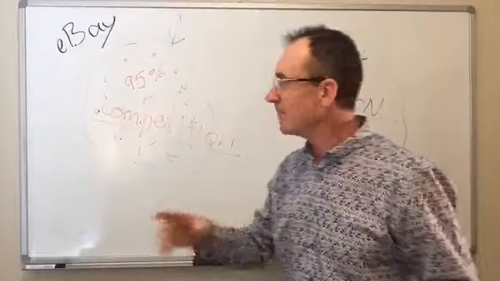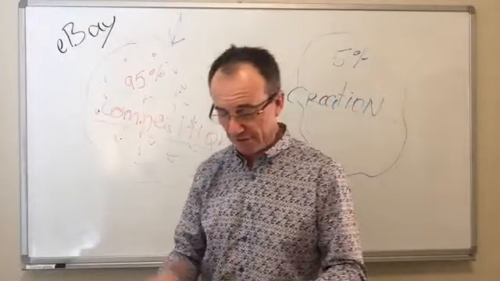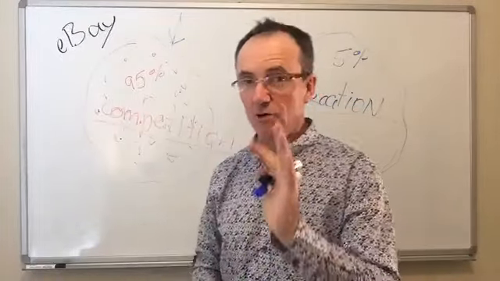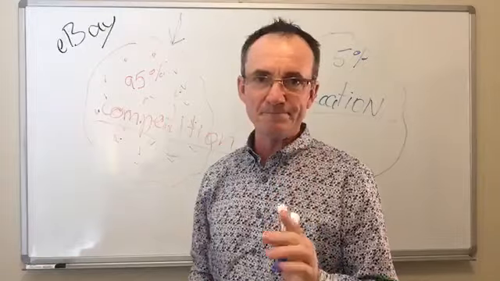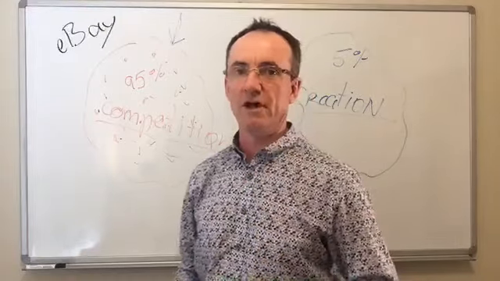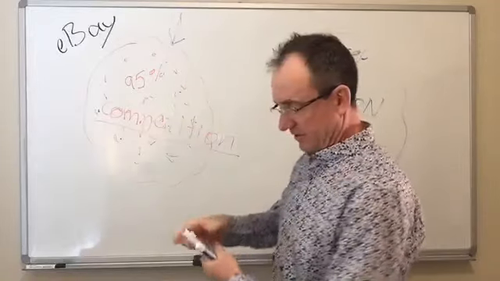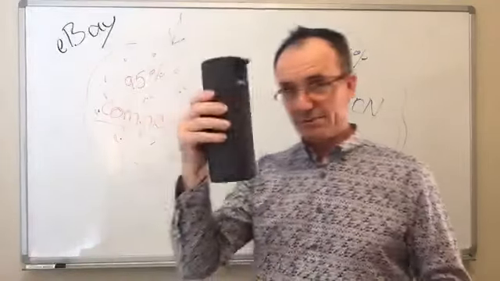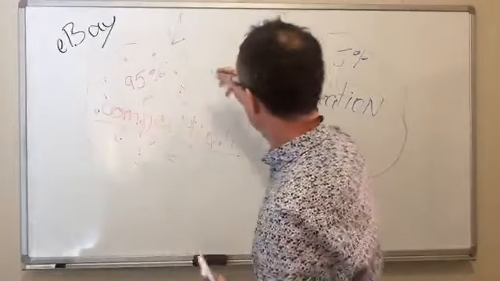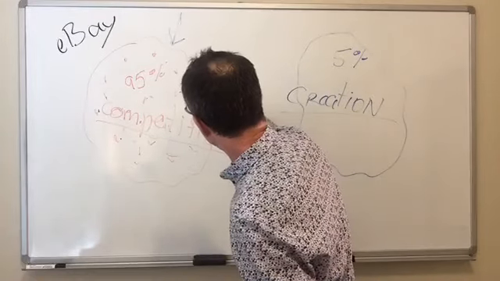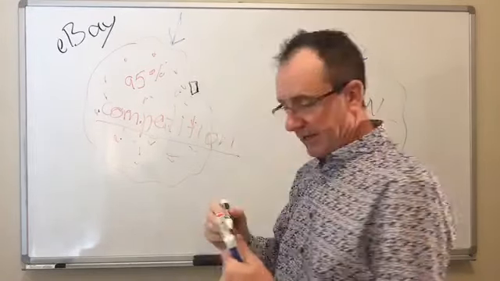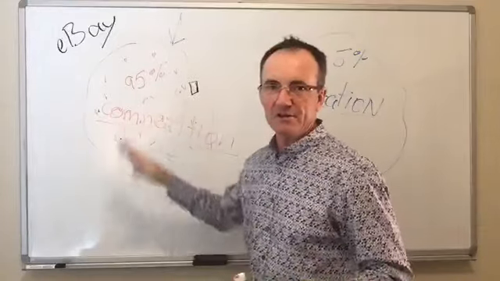Because you see, what happens in the red ocean is that eBay will decide how many visitors you will have on your listed product. You list this product here, the speaker. You listed the speaker here, and you got 100 competitors.